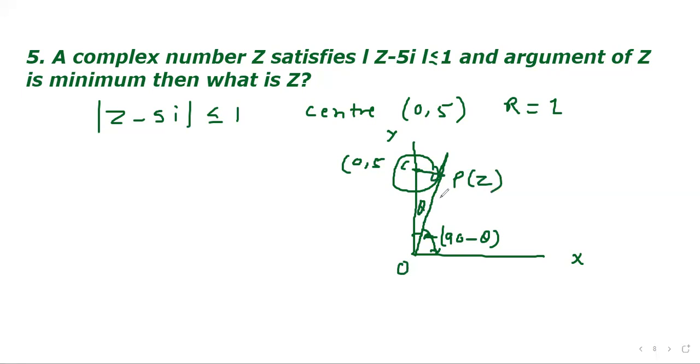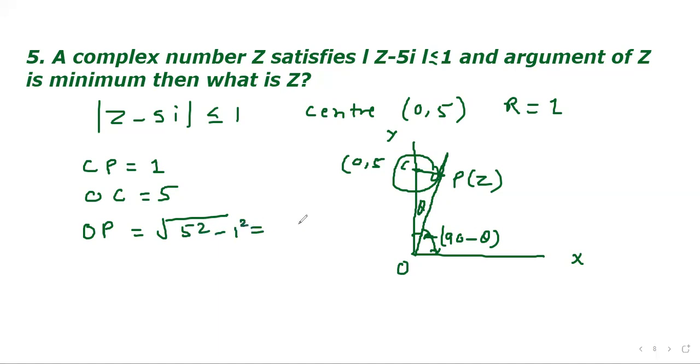this is perpendicular. So CP, which is the radius of the circle, is 1 and OC is 5. OP can be found by using Pythagoras theorem. So OP is equal to root of 5 square minus 1 square, that is root 24.